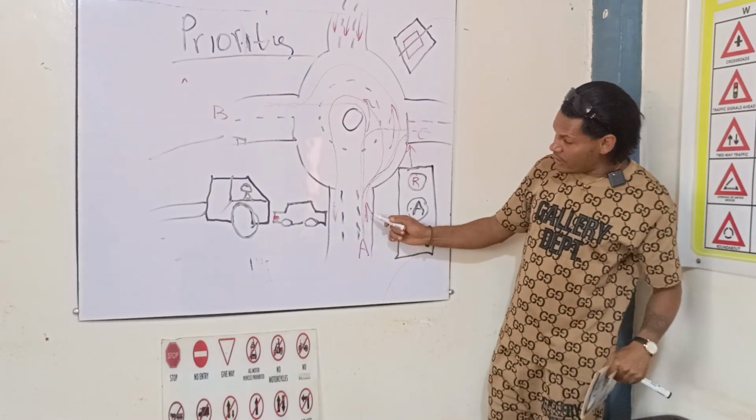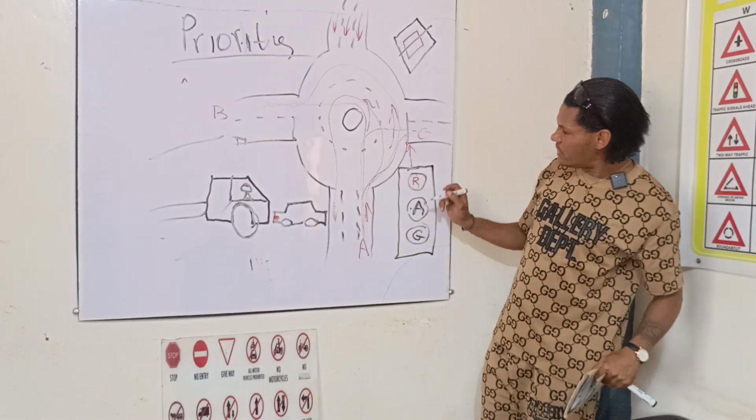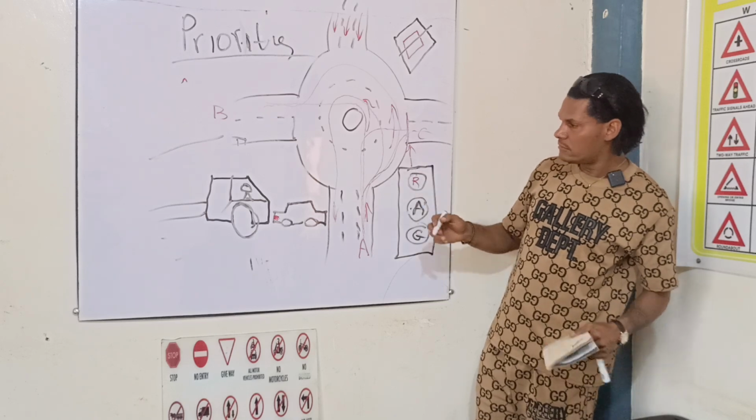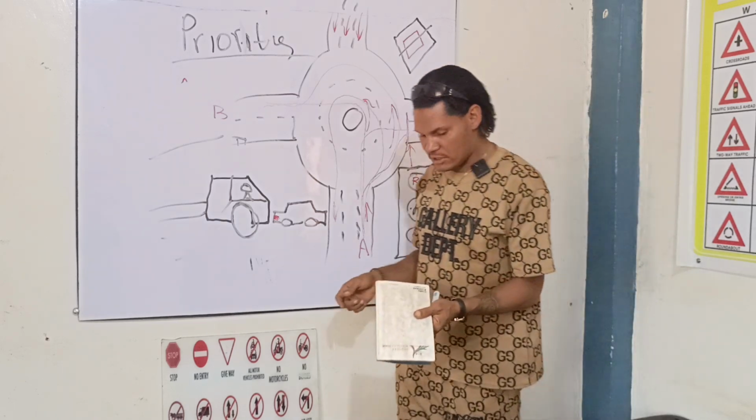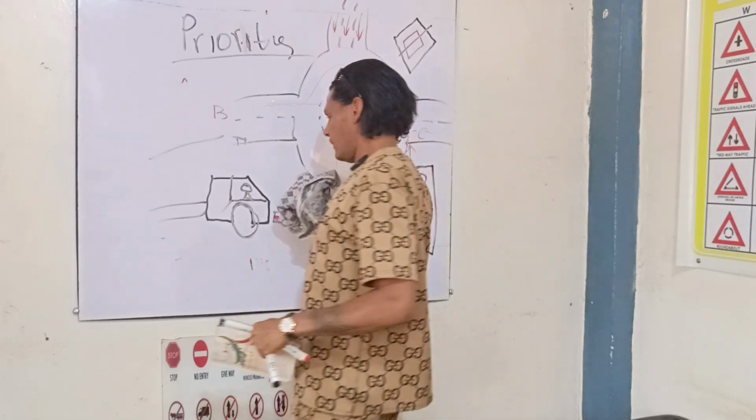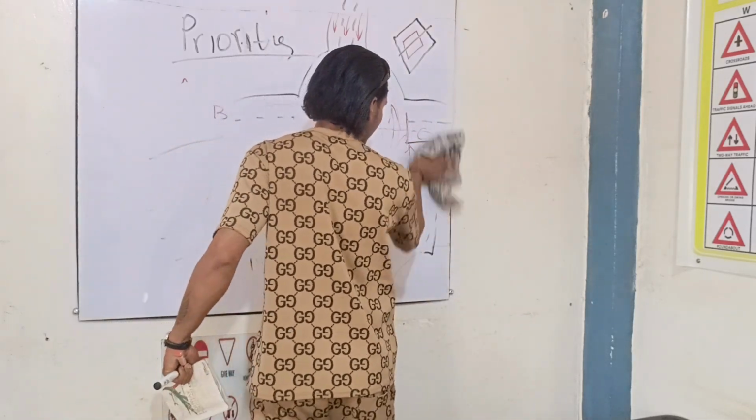If a lorry is coming, let's say we have our junction here. This one is no more a junction, that's a roundabout. We have talked about the roundabout already.